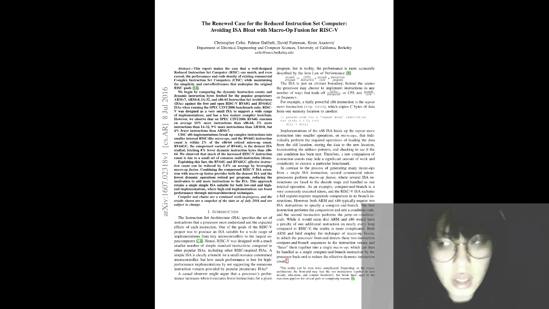If you look at how computer architecture really works, under the hood they use the fetch, decode, execute cycle, and the dynamic instruction count is the count of instructions that go through the fetch, decode, execute cycle.